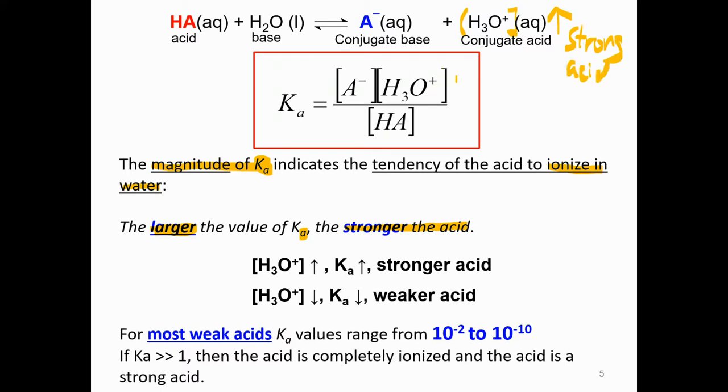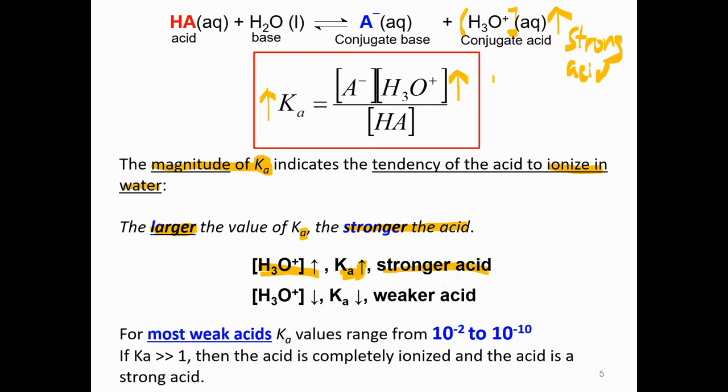So if we have higher concentration of hydronium ion, mathematically Ka will increase. So if concentration of hydronium ion increases, Ka increases, it is a stronger acid.